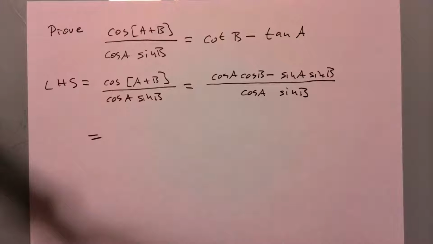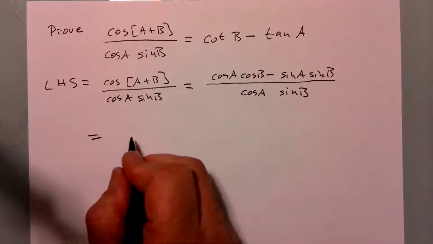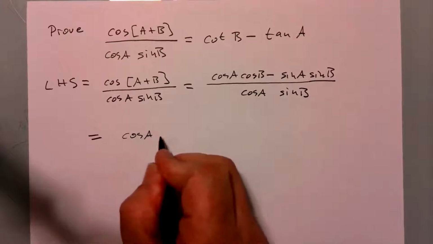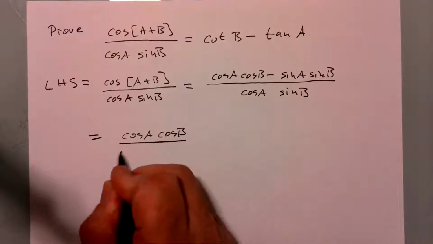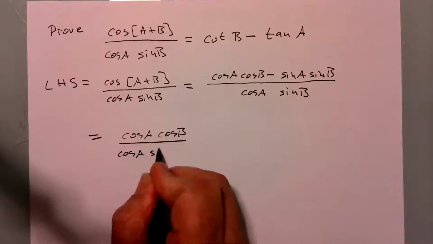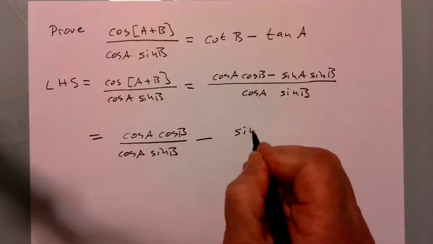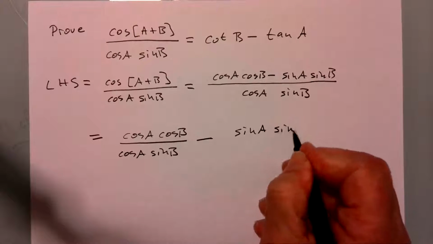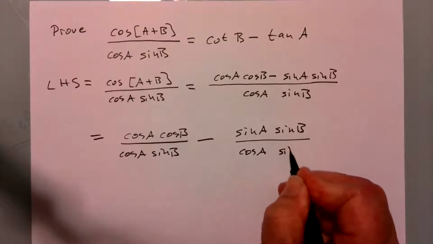I'm going to write that as 2 fractions subtracting. So split it up into 2 fractions, we will have cos A cos B over cos A sine B minus sine A sine B over cos A sine B.